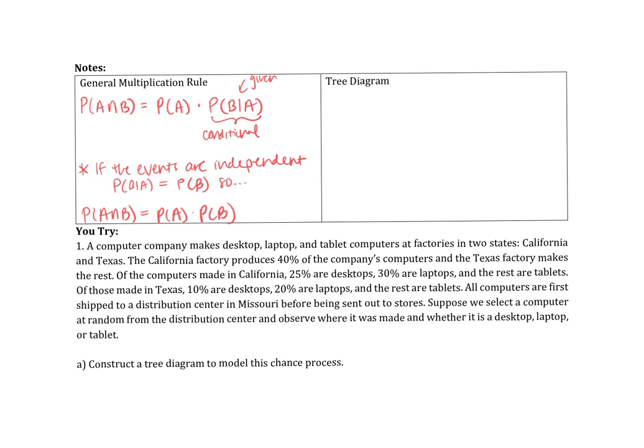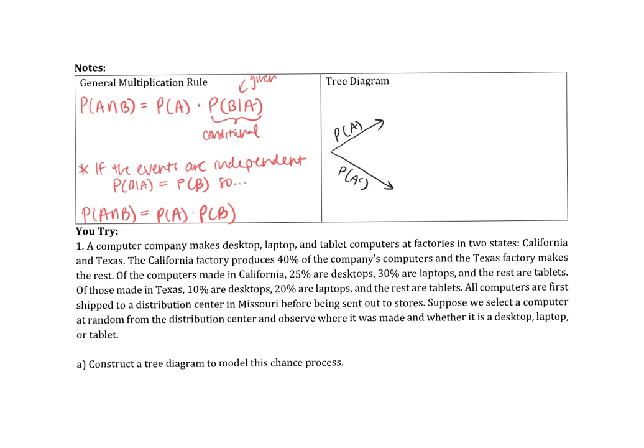For a tree diagram, what we should notice is that we have two mutually exclusive events, the probability of A and the probability of A not.